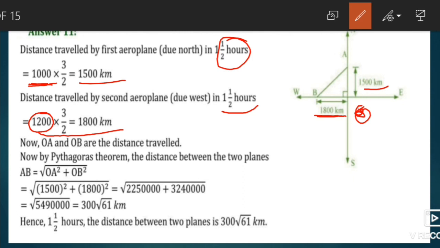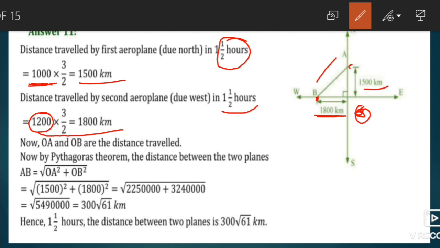Now the question is, what is the distance between them after 1.5 hours? After 1.5 hours, the first aeroplane is at the position A here, and the second aeroplane is at the position B. That means the distance between them is AB. So I have to find the value of AB.